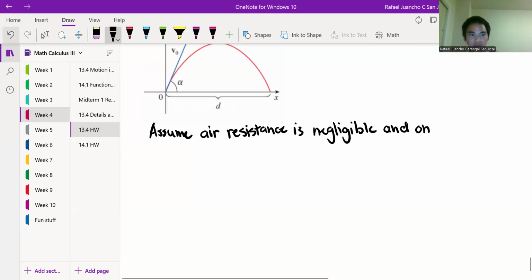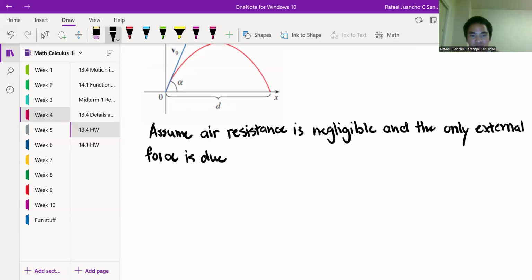And the only external force is gravitational force, is due to gravity. Now, I'm not a physics dude, so bear with me.